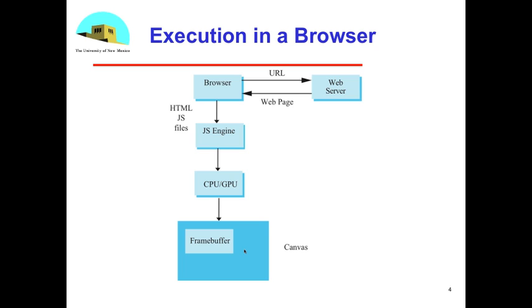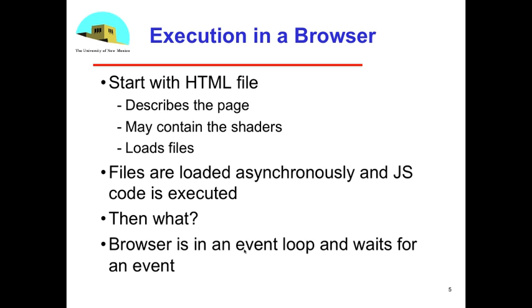So let's look at a little more detail of what happens when you're working within that browser environment. We start with the HTML file, which is what's pointed to by that URL. And what does that do? Well, it has a couple of functions. One, it describes the page, the canvas, what size the canvas is. It could describe where that canvas goes. It can also describe other windows that you might want to open, or the interactive devices that we're going to start talking about in the next lecture, like putting a button up on the display or a slider up on the display.